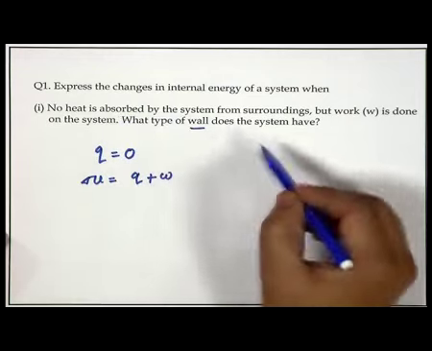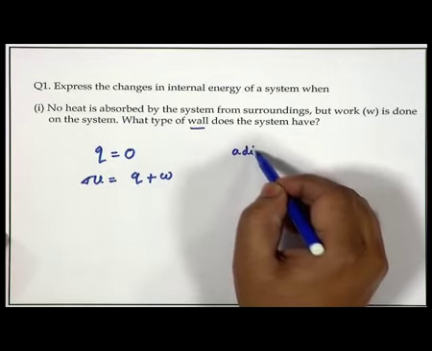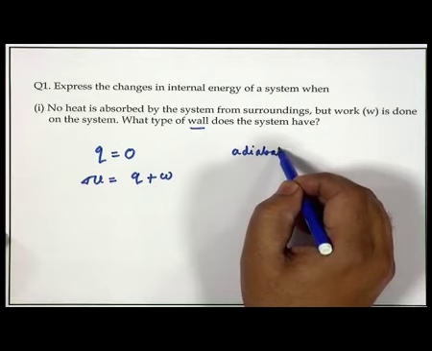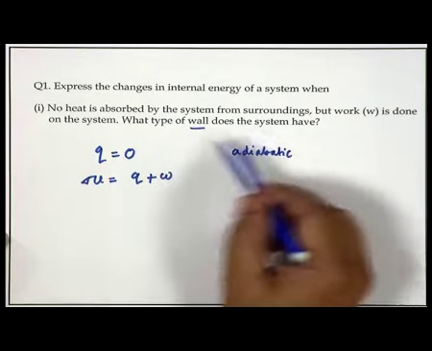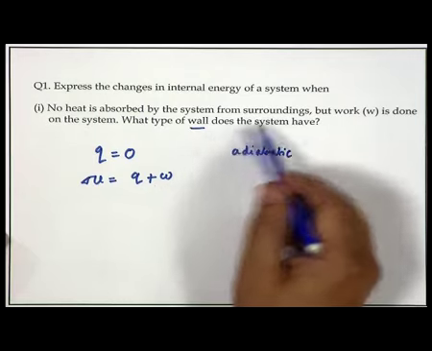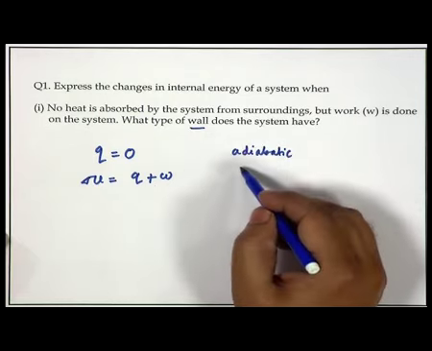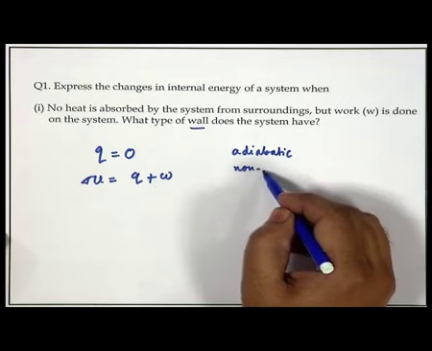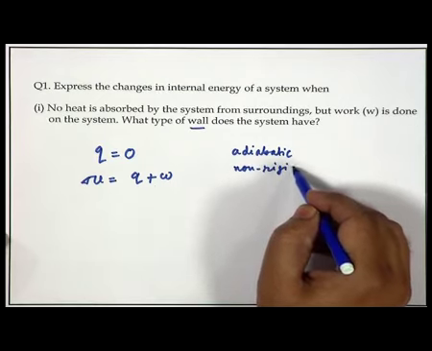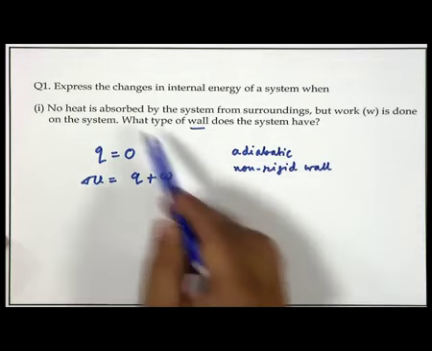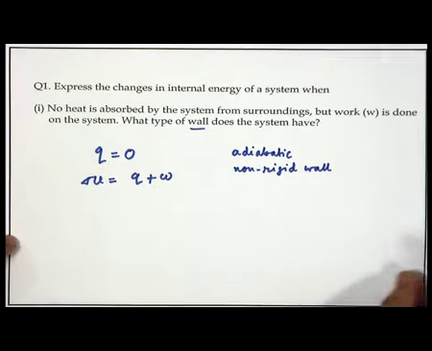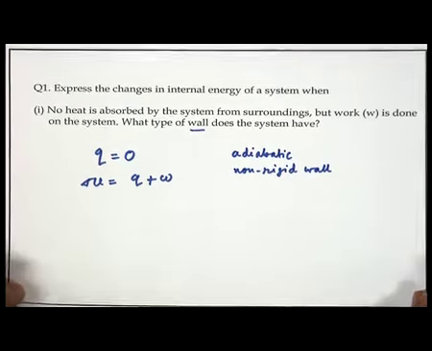No heat is absorbed, so it is an adiabatic wall, and because there is work done, it will be a non-rigid wall. I am assuming that it is a closed system, so it is also a non-permeable wall.